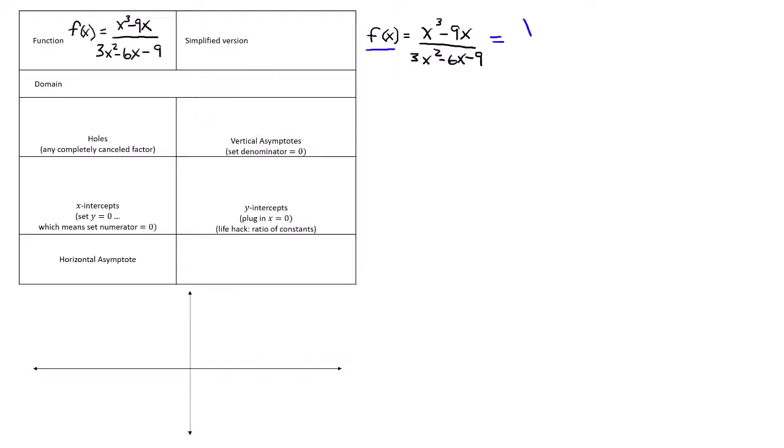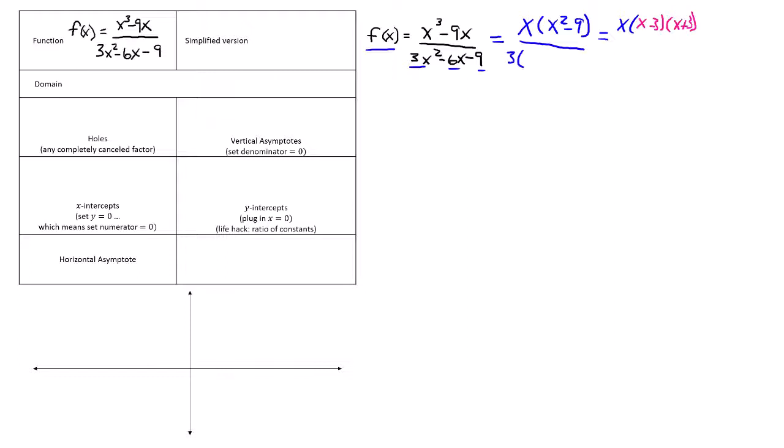In the numerator, I can pull out an x, and we're left with x squared minus 9, and then I can take that one more step because I can factor that x squared minus 9 into x minus 3, x plus 3. In the denominator, I have a greatest common factor of 3 that I could pull out.